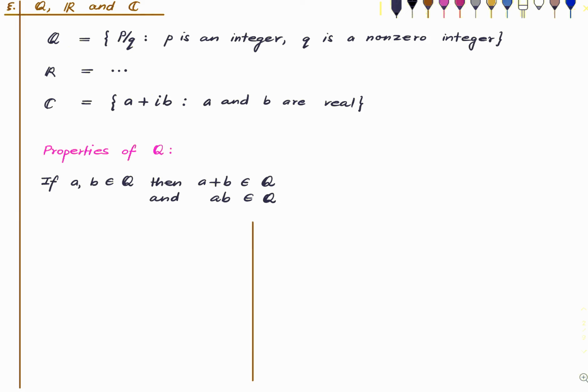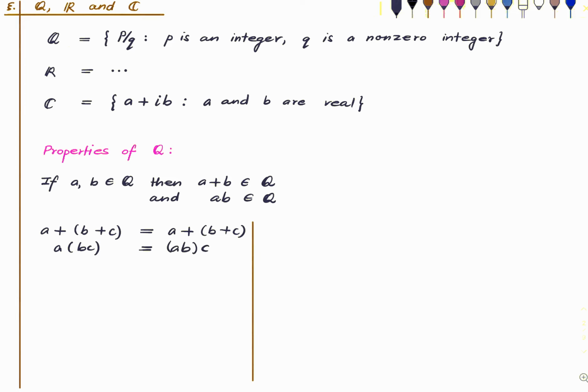And there are further properties. So we have the associativity law. This holds whenever a, b, c are rationals, and we similarly have the multiplicative counterpart, right?